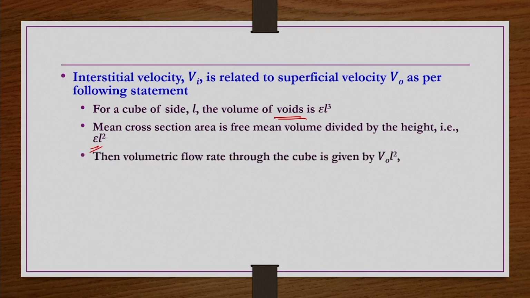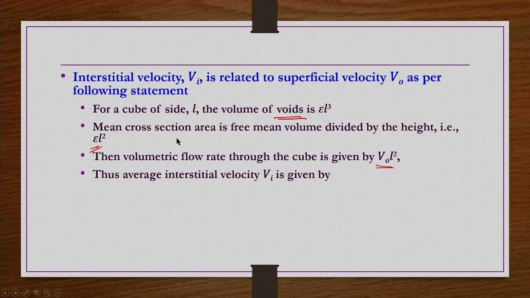Then the volumetric flow rate through the cube is given by V naught L square. Whatever the volumetric flow rate is, that is nothing but the average velocity V naught multiplied by the area, that is L square. Okay. So, now the average interstitial velocity Vi is obtained by dividing this volumetric flow rate by the mean cross section area, that is V naught L square by epsilon L square. So, V naught by epsilon is nothing but Vi. Okay.